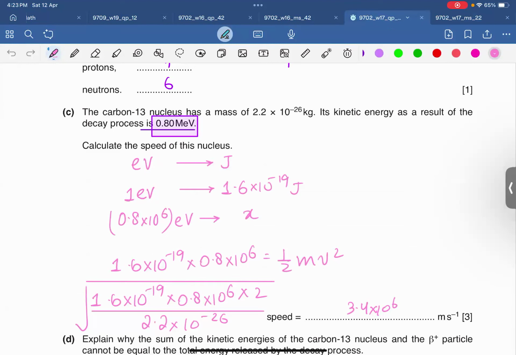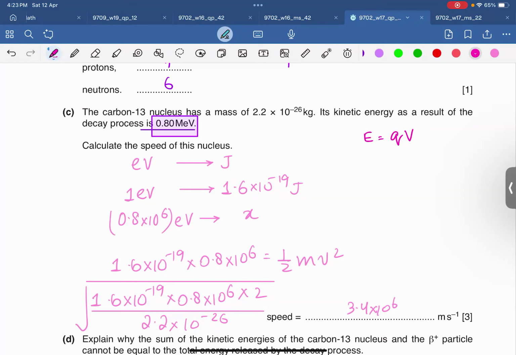If you move one electron, okay, you know that the electrical energy has a formula: q times potential difference. Okay, the charge times the potential difference. This is what you guys learned in your O levels, right?